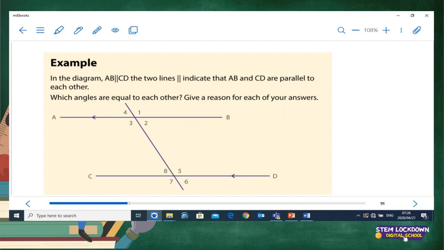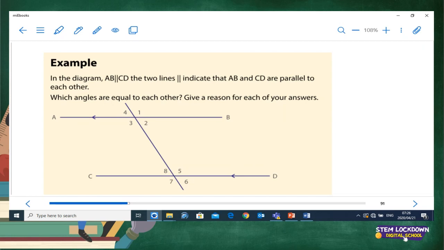You can see that angle 1 is vertically opposite to angle 3. So angle 1 and 3 are vertically opposite angles. Again, angle 2 and angle 4 are also vertically opposite angles, and they are equal.